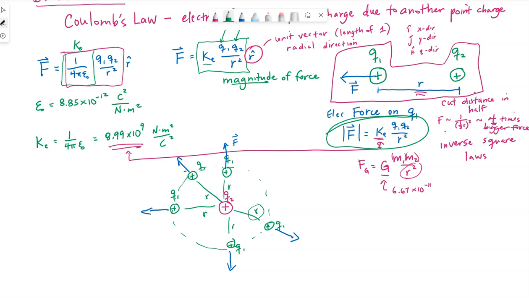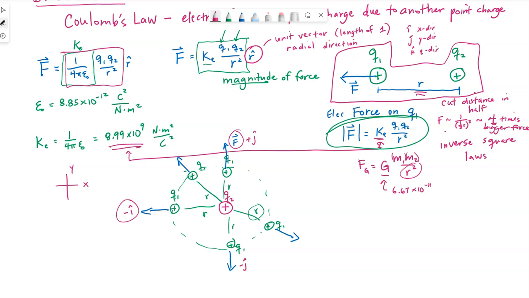In any given problem, we will need to write r hat in terms of x or y. So if we were using our typical Cartesian coordinate system, where x is horizontal and positive to the right, y is vertical, this force right here would be in the positive j hat direction. This one would be the negative i direction. This would be the negative j direction.